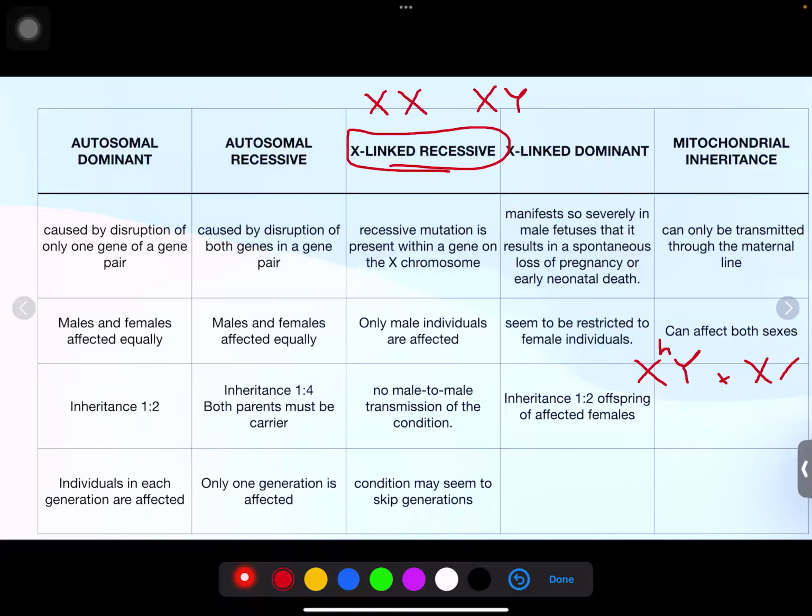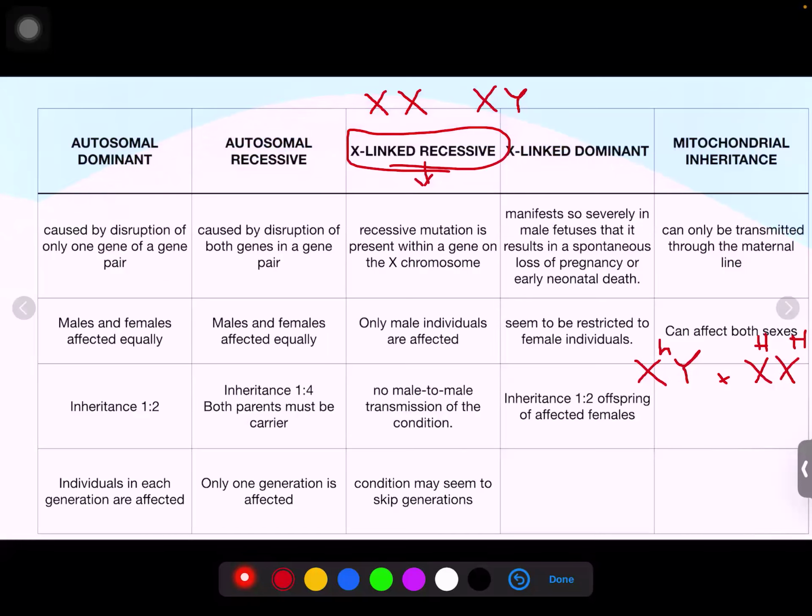And the mother is normal. I'm taking the example of hemophilia, okay? Hemophilia is an X-linked recessive disease, and in hemophilia mostly males are affected, because females have to have two disease genes, and only then is the disease expressed in females.